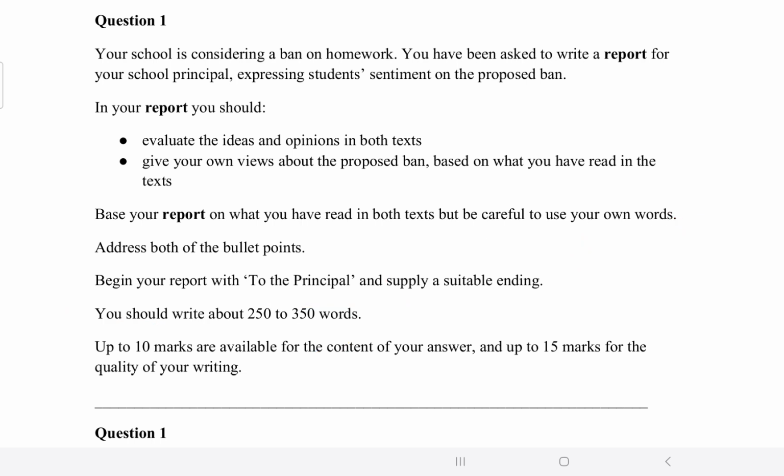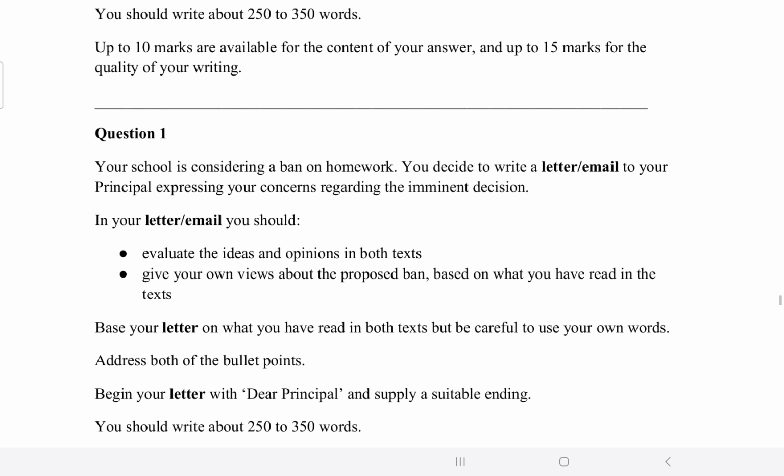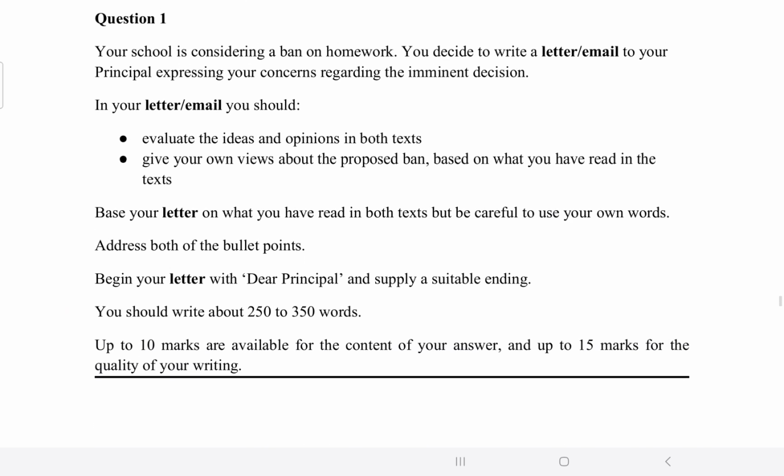Now this question was about a report. Let's have a look at another question, that is letter or email. Your school is considering a ban on homework. You decide to write a letter or email. I have written them together because letter or email are the same kind of task.